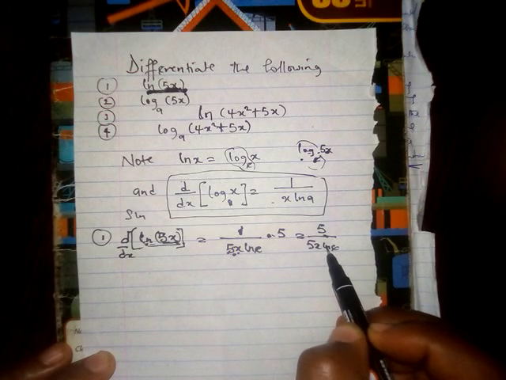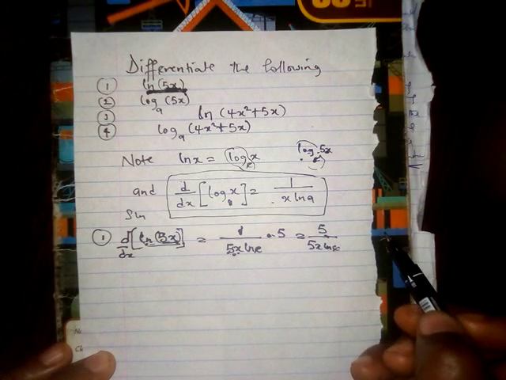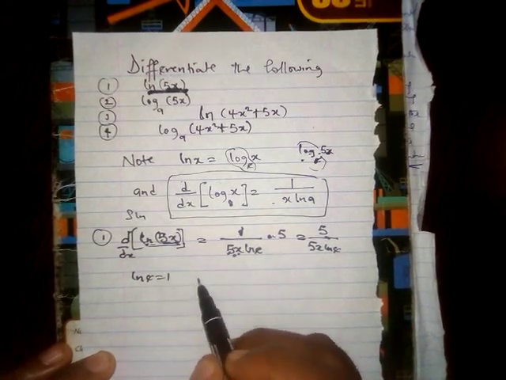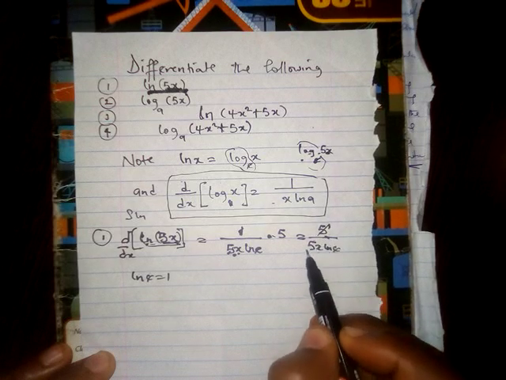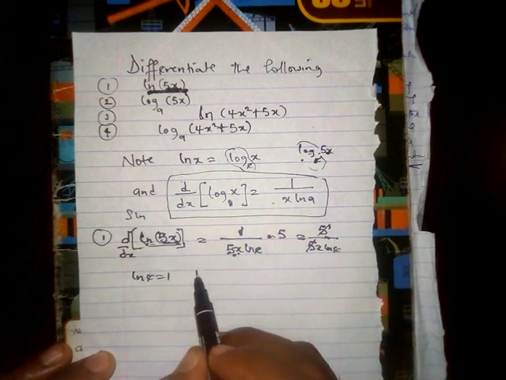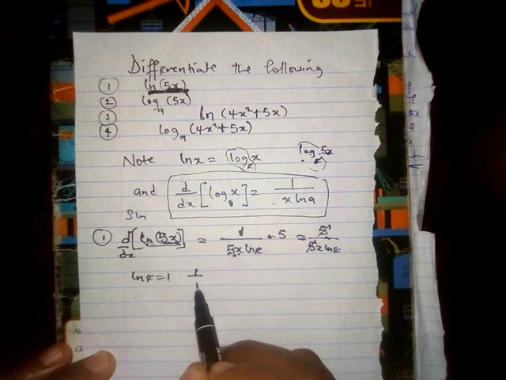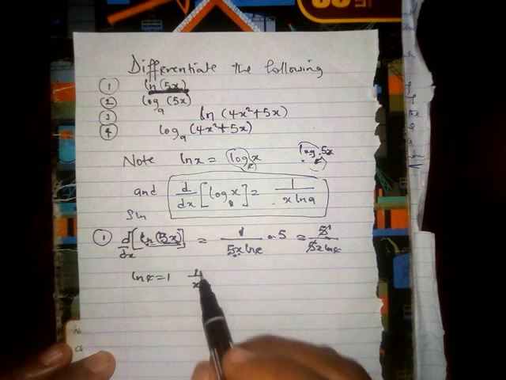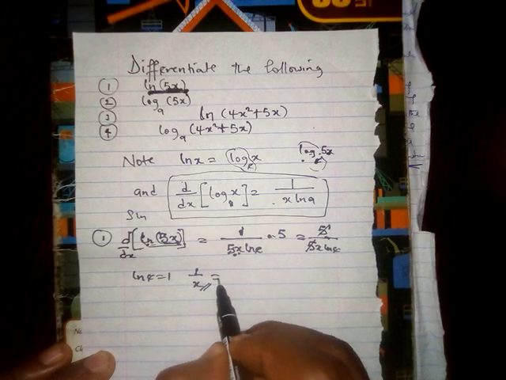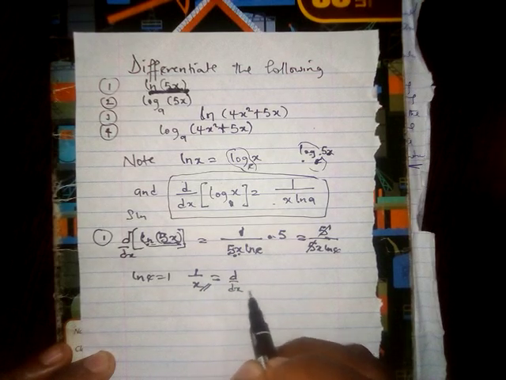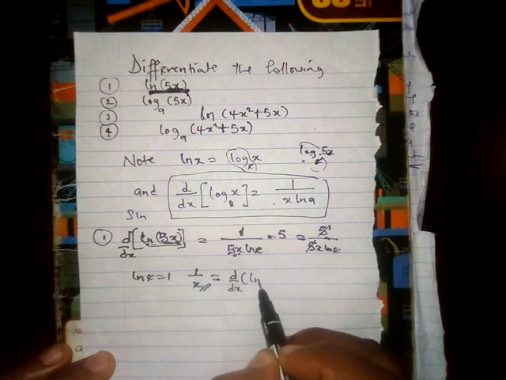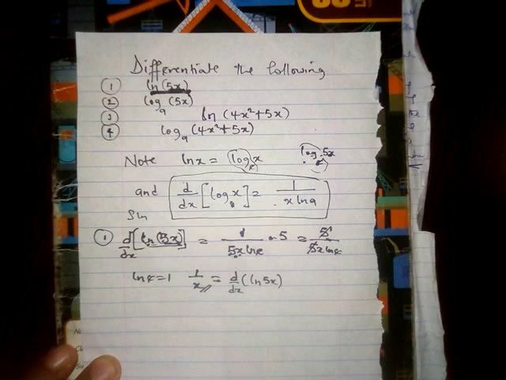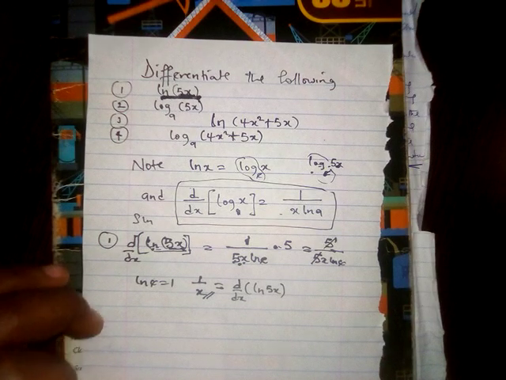But we know that ln e is equal to 1, and 5 cancels 5, so we are left with 1 over x. So therefore, d over dx of ln 5x is 1 over x. That is our answer for the first one.